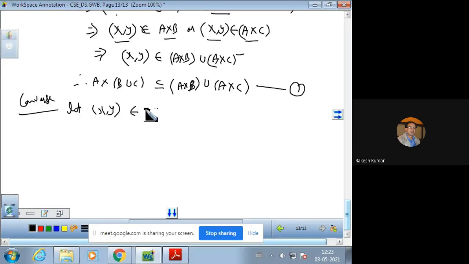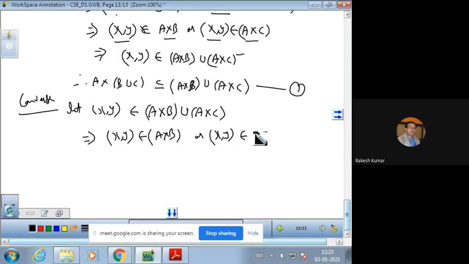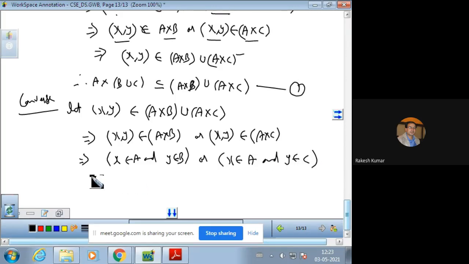Let xy belong to the right hand side set, that is A cross B union A cross C. So it means xy belongs to A cross B or xy ordered pair belongs to A cross C. So it gives that x belongs to A and y belongs to B, or x belongs to A and y belongs to C. Now this gives that x belongs to A and y belongs to B or y belongs to C. So this will give you x belongs to A and y belongs to B.